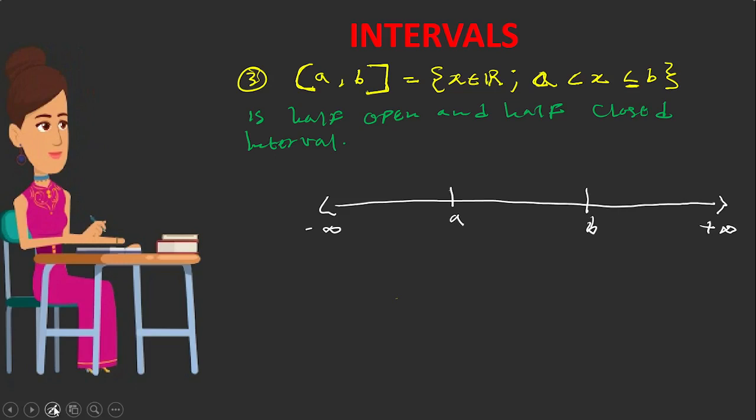So on top, since this is open, you are going to do what? You are not going to shade it, so it's just going to be like that. And then the other one, which is closed, you are going to shade it like that. And lastly, the only thing remaining is for you to connect them like that.